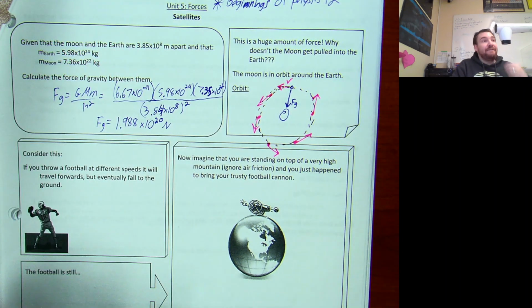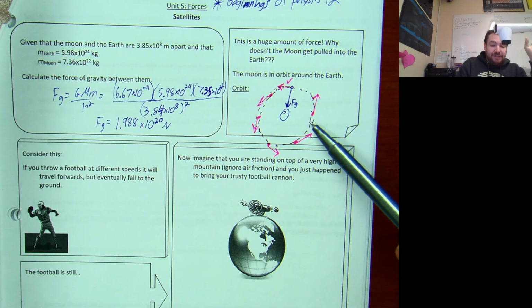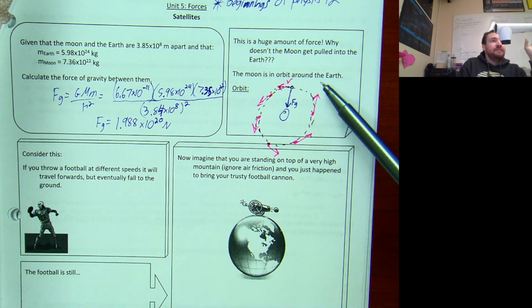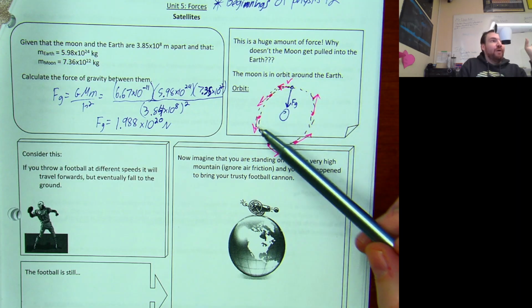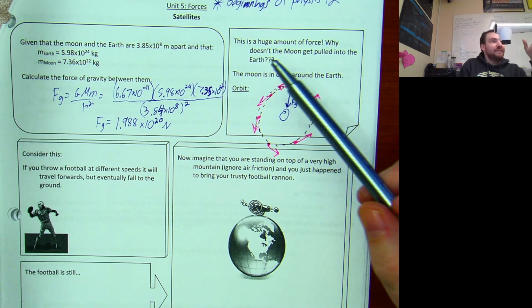Wait, so then if at any point the Earth just ceased to exist, like Thanos snaps, Earth is gone. Not everyone is dead, but the Earth itself is gone. The Moon would just continue in a straight line from wherever it was on our orbit. Yes, sir.